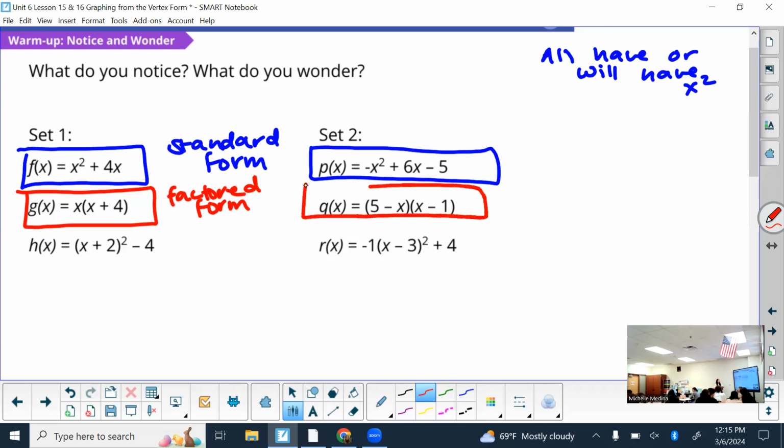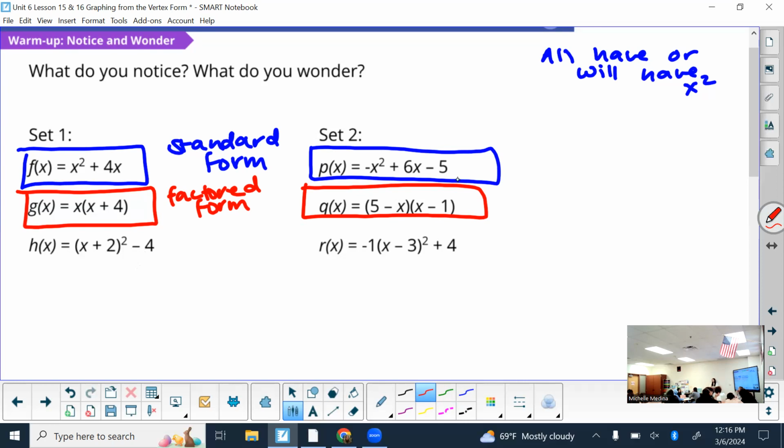The other two are not factored form because factored form is written where they're all as factors. In h of x and r of x, the -4 is not being multiplied by anything. The 4 is not being multiplied by anything, so those technically aren't factors. Although you could multiply these out, but not all of it is factored, so we don't call it factored form.